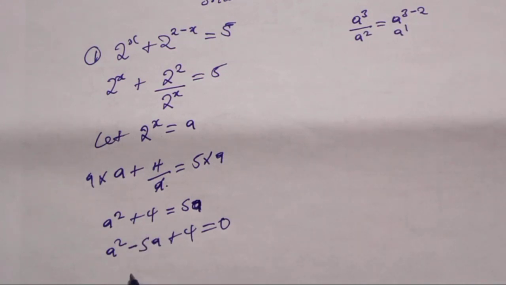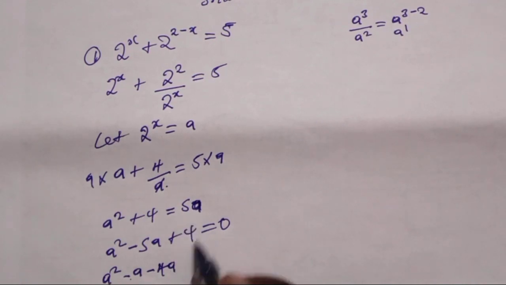Those numbers are minus 1 and minus 4, because when you multiply minus 1 by minus 4, we have positive 4, but when you add minus 1 and minus 4, we have minus 5.